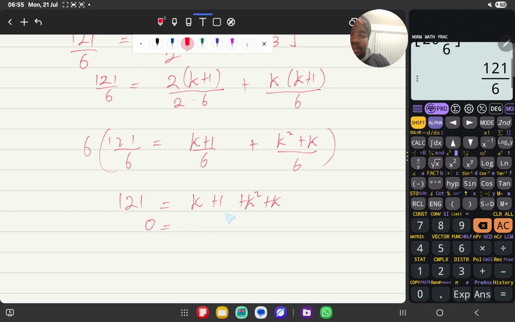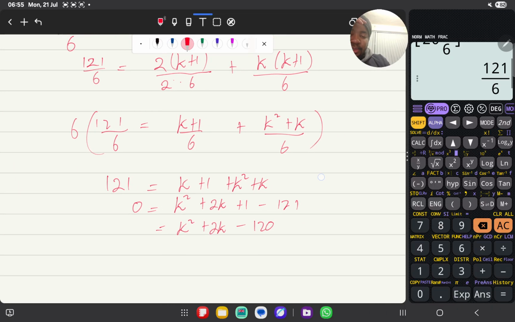And therefore, let me say I have 0. That will be k squared plus 2k plus 1 minus 1, 121, k squared 2k. Yeah, this is just a quadratic. I think here we can have our 2 brackets. Find two numbers that multiply to give 120 and subtract to give 2. I'm thinking 10 and 12.